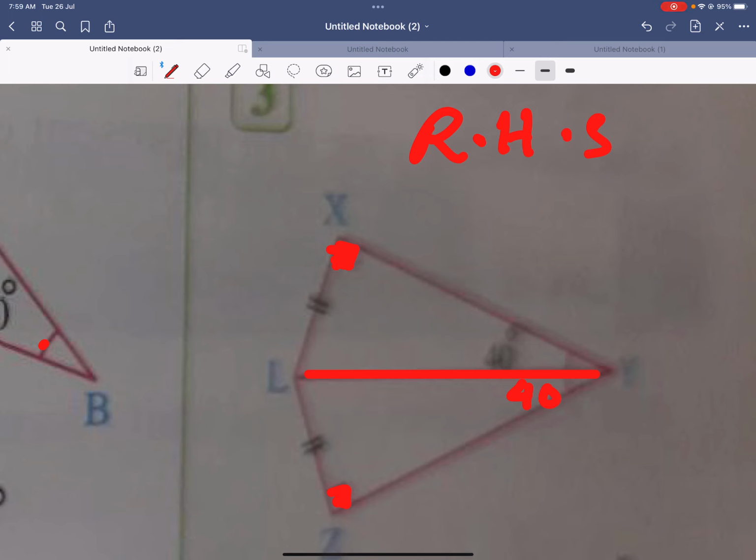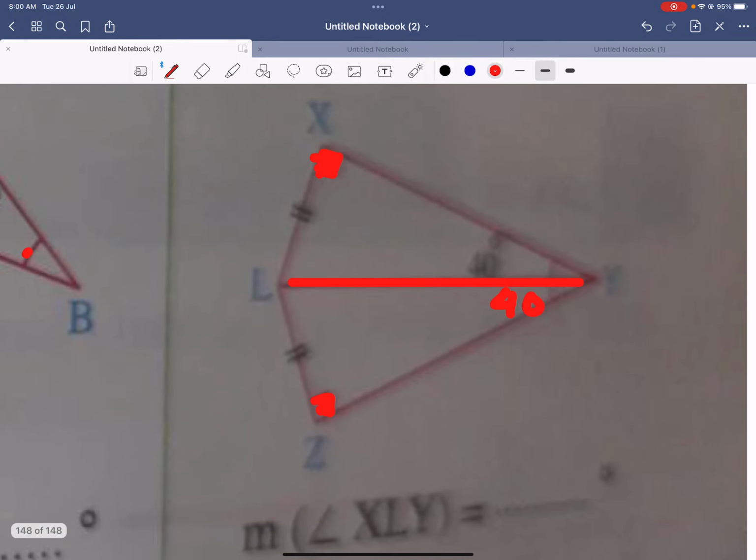I mean both of the two triangles share a common side. الاثنين دول مشتركين في نفس السايد، يبقى دي حالة right hypotenuse side. وطالب مني XLY اللي هي الانجل دي، it will be 50. جبتها منين؟ 180 minus 90 plus 40 so it will be 50. أو ممكن تعملها على طول بسرعة 90 minus 40 so it will be 50.